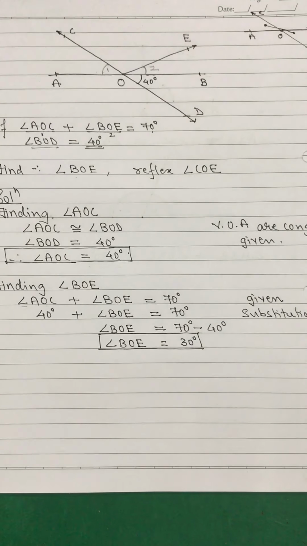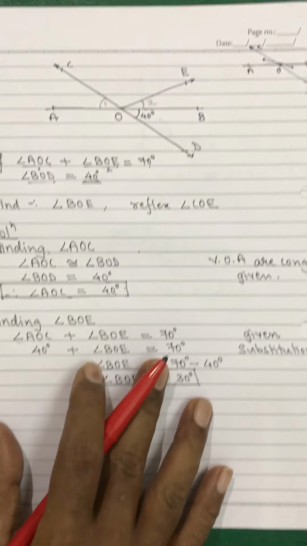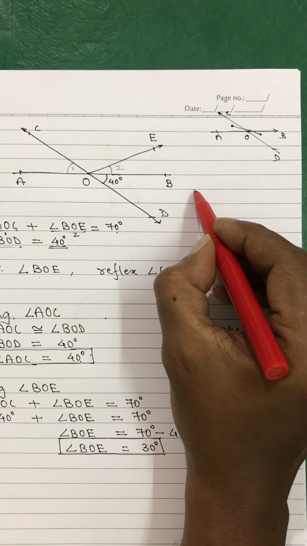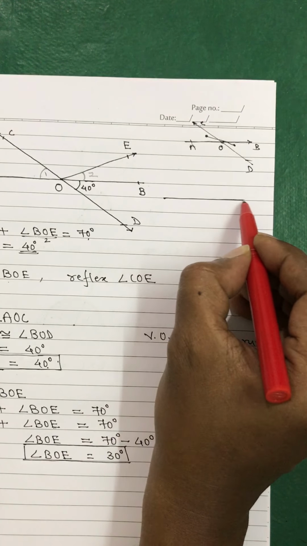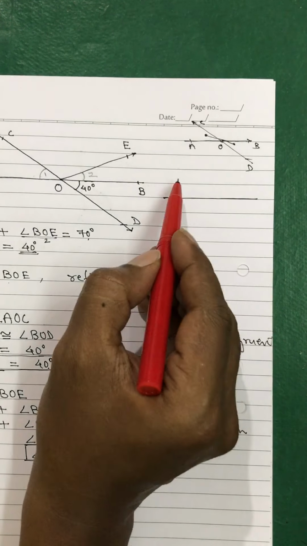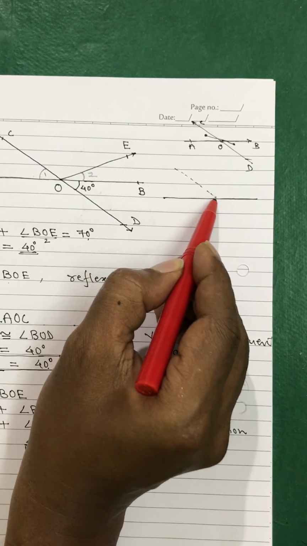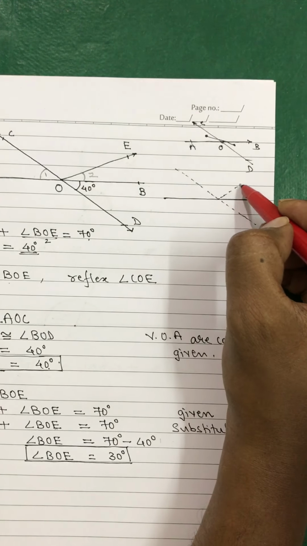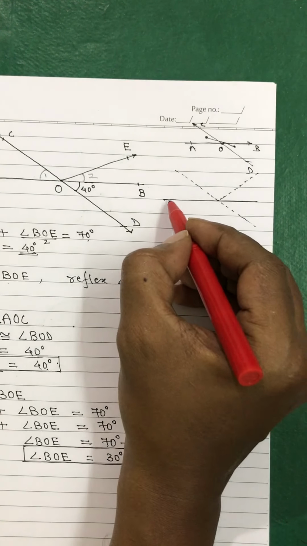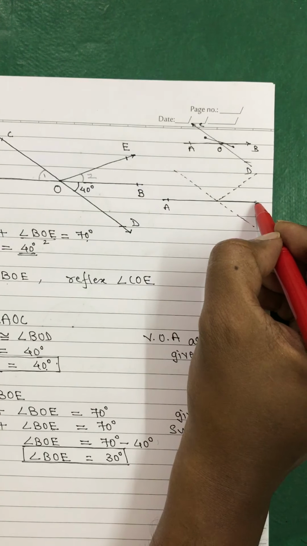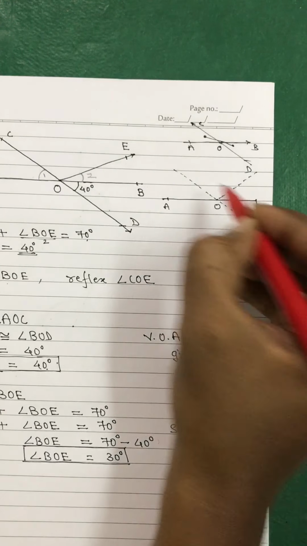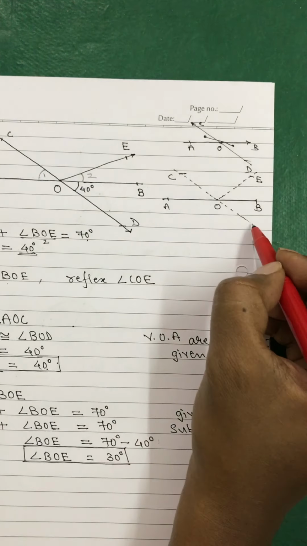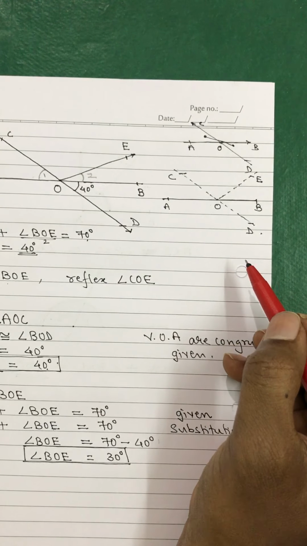Now reflex angle COE. See, where is angle COE? COE is over here. Try to understand, my students. Now is the condition that you have to understand. Actually, I should have drawn it like this. See, this is your A, this is your B, this is your O, this is your C, this is your E, and this is your D. Where is your angle COE?